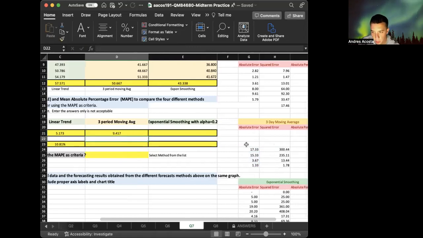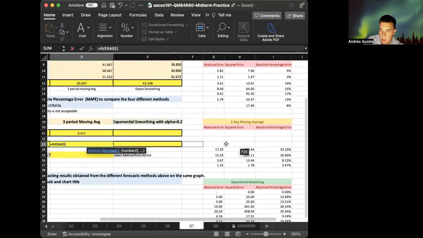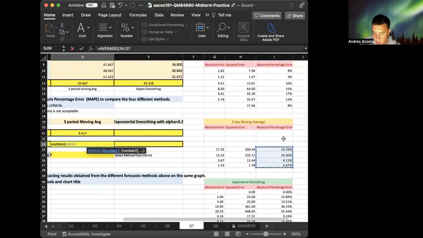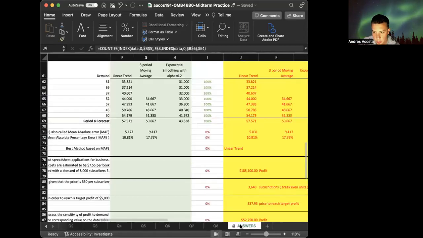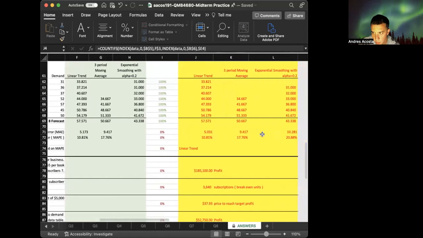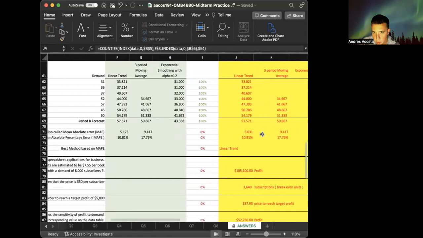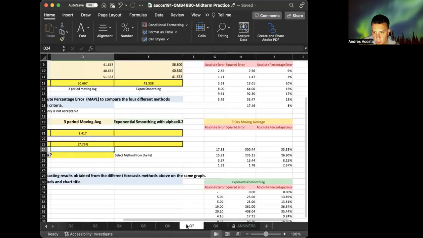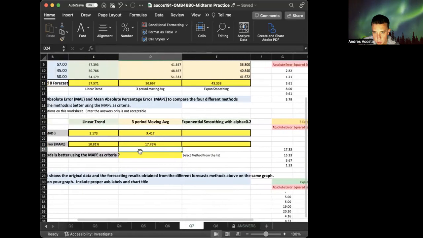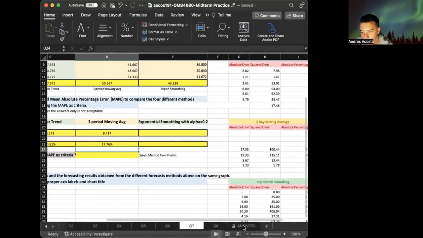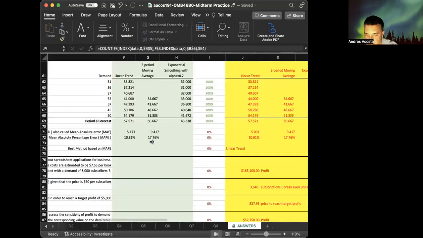Okay, so we don't count the blanks, we count these. Perfect, and then the same thing for the percentage, and 17. Perfect, we have it right.